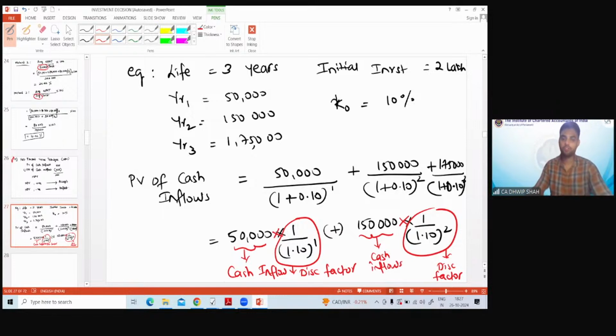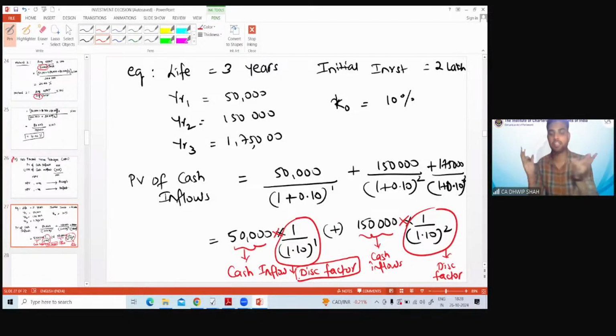So in most of the questions, or at least 50% of the questions, you would be given this discounting factor directly in the question itself. Just 0.909, 0.826, would be given in the question itself. So can I say our task is just to multiply it with the cash inflows of that respective year? Yes or no?